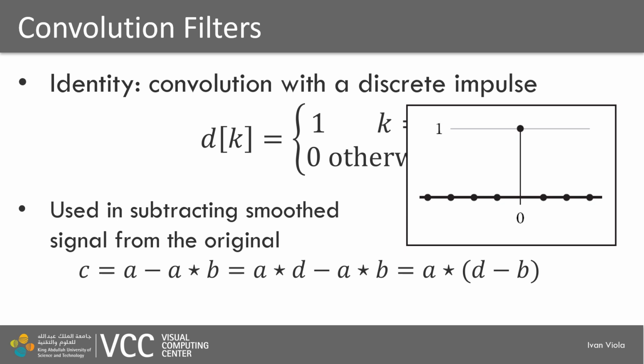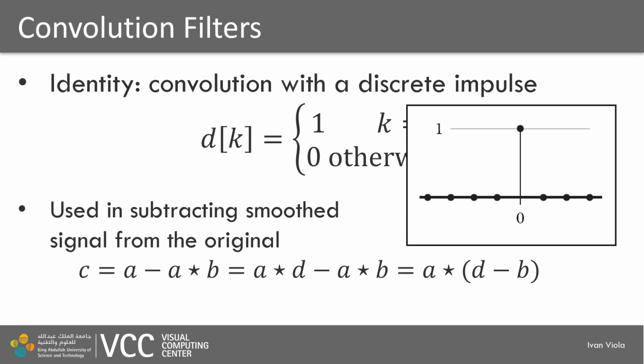Now, the mathematical operation of convolution will have an identity as well, and the identity for convolution will be convolution with a discrete impulse.